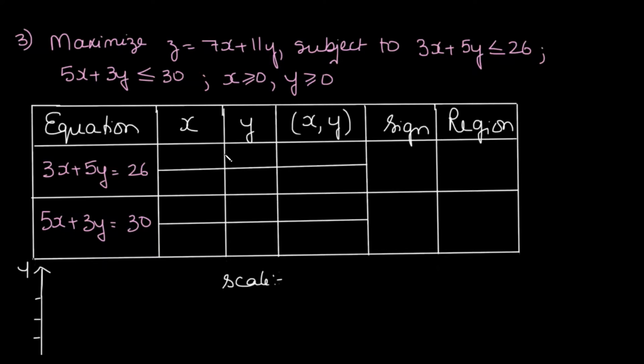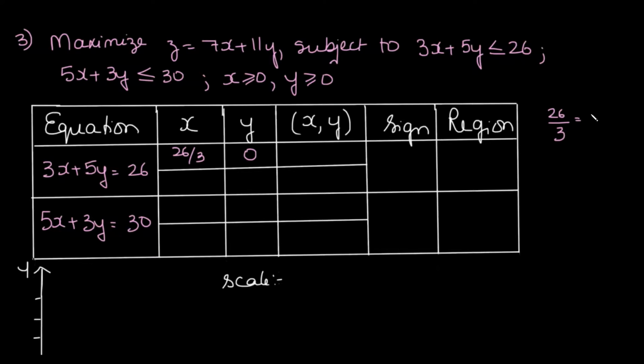Now here, when we put y as 0, x comes out to be 26 upon 3. One way of doing it is keeping x as 26 upon 3 and y as 0 and arriving at the point. This can be done by writing 26 upon 3 as a mixed fraction.